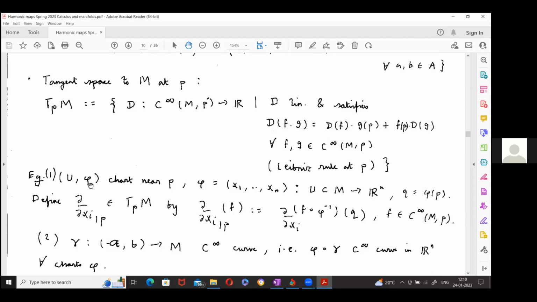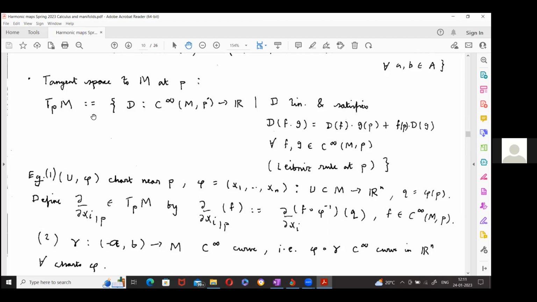So first of all, suppose I take a chart (U, phi) near a point P. So phi is given by functions x1 to xn. It's a map from U into R^n, so x1 to xn are the coordinates, the components of phi. They're smooth functions on U. Let q be equal to phi of P. Then we can define certain elements of this tangent space.